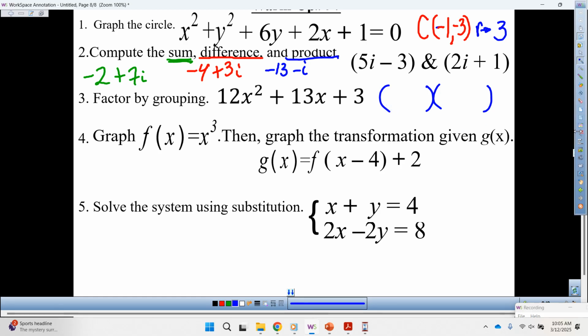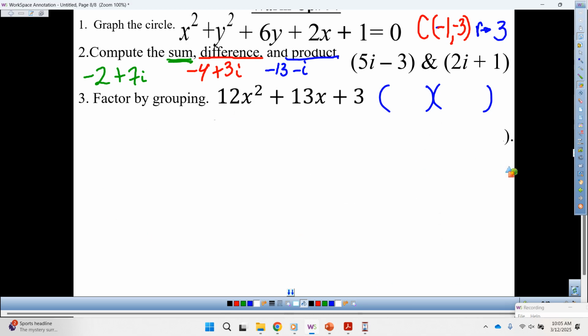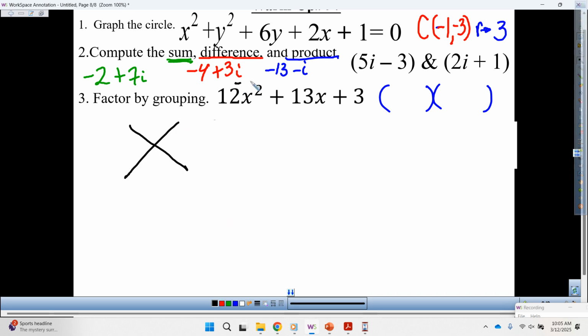All right, let me go over it once more. 12 times 3 is 36. 13 goes down here.